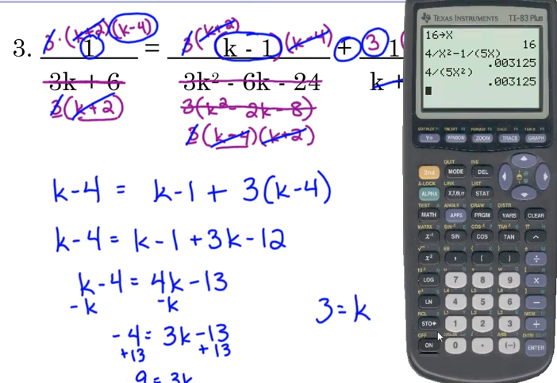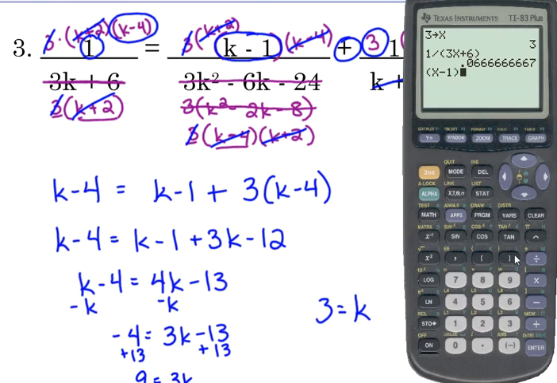I would most definitely store this as x. And you must put parentheses around those denominators. 3x plus 6, so the left side equals that. When I plug in the right side, I have to put parentheses around that numerator.